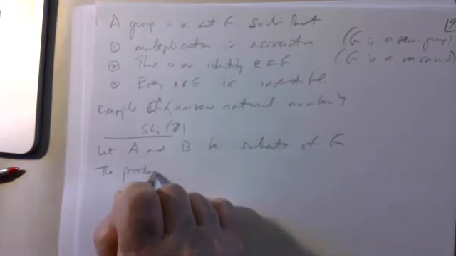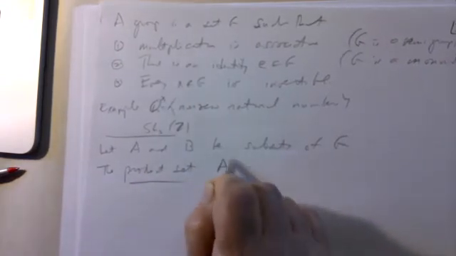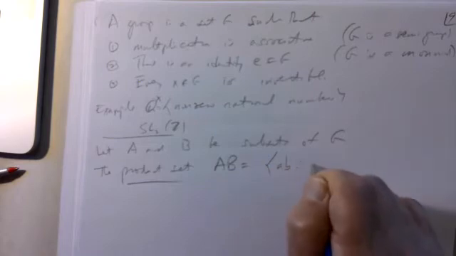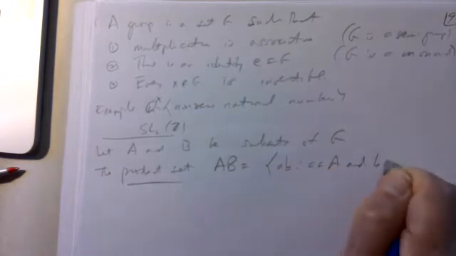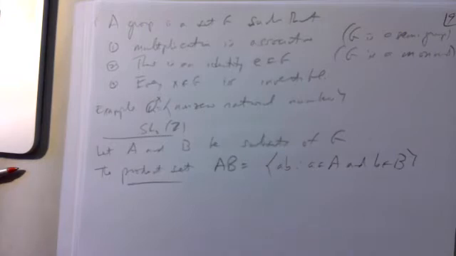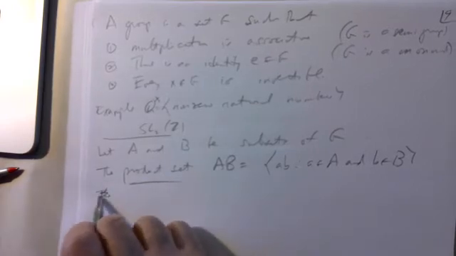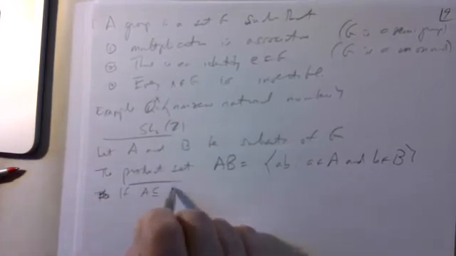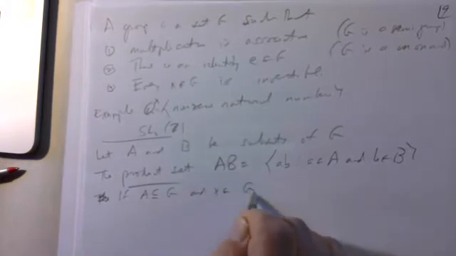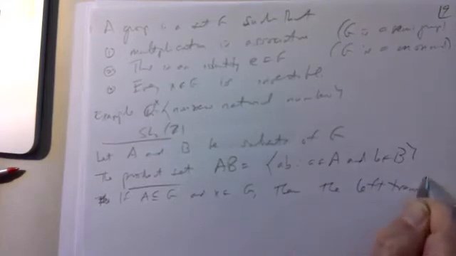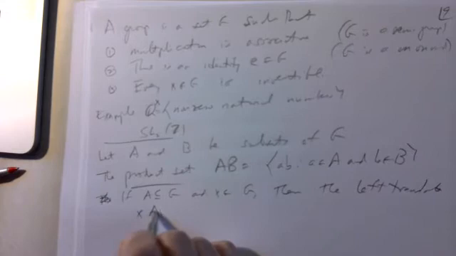The product set AB is just the set of all elements of the form A times B, where A is in A and B is in B. And if A is contained in G and X is an element of G, then we have the left translate XA.